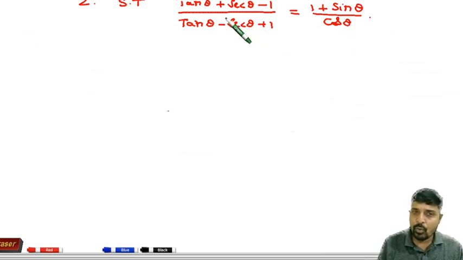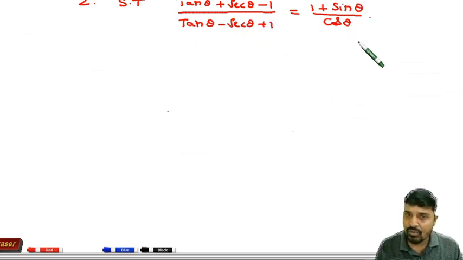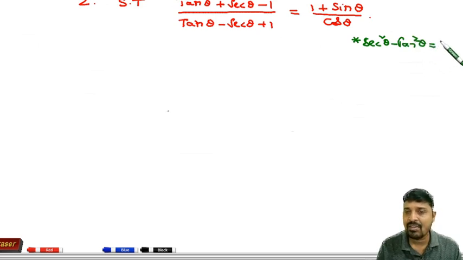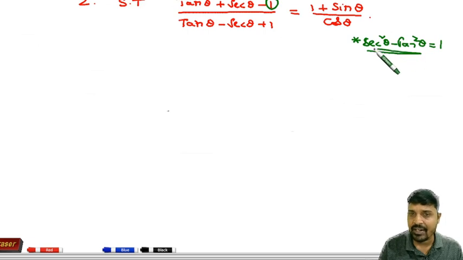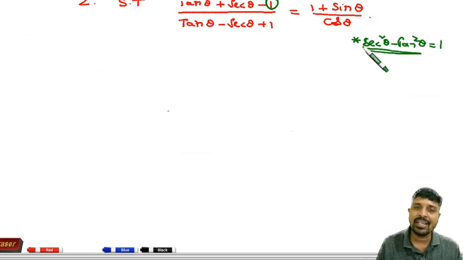Now we all know a trigonometric identity related to tan and sec. What is that? Sec square theta minus tan square theta equals 1. Now in the place of this 1, I'm going to write this trigonometric identity, sec square theta minus tan square theta.